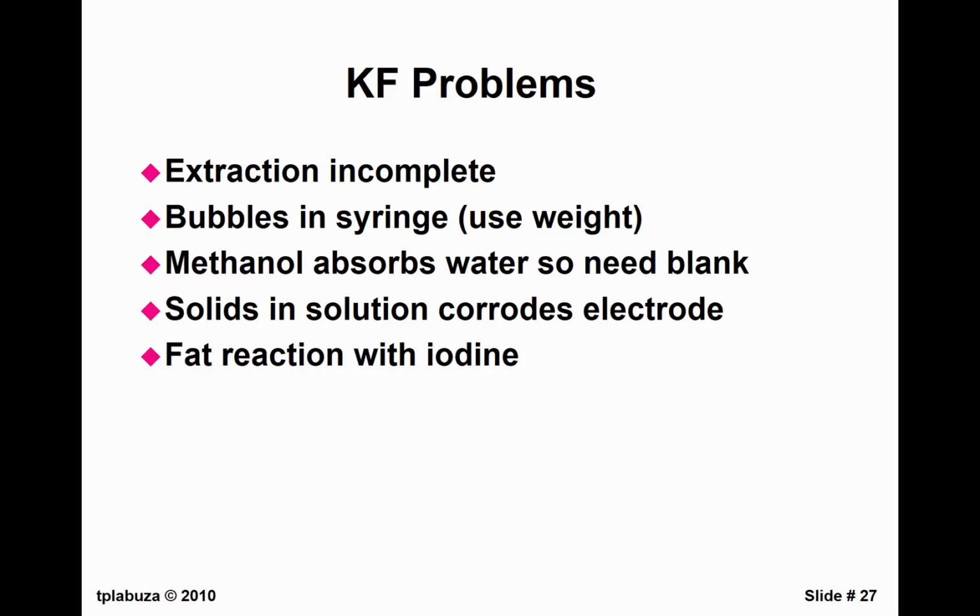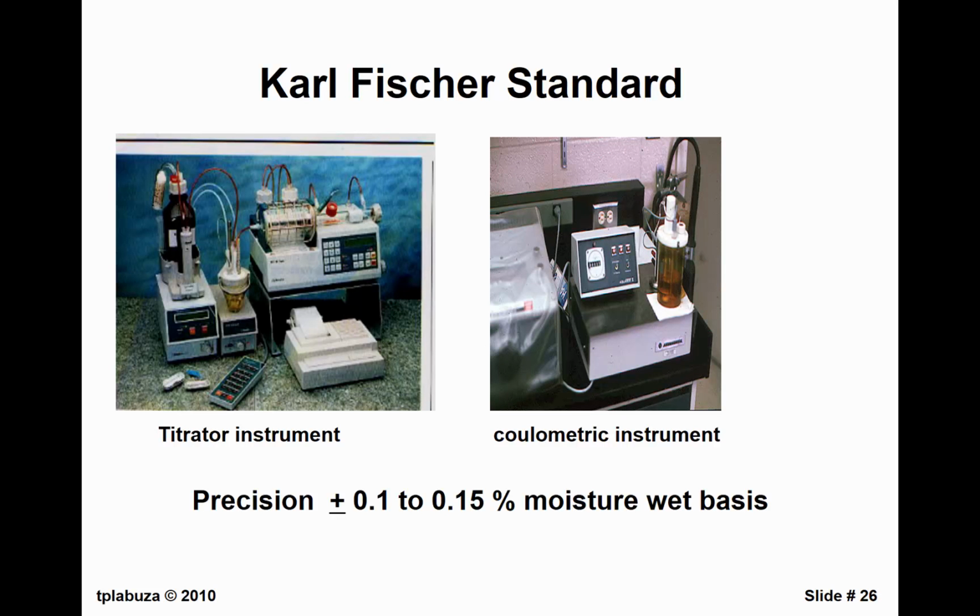The solids in the solution corrode the electrodes, and that's expensive, and they do corrode over time because of the compounds that we have. The other one, which is really critical, is that under the conditions that the instrument works, the iodine can react with the double bonds on the polyunsaturated fats.